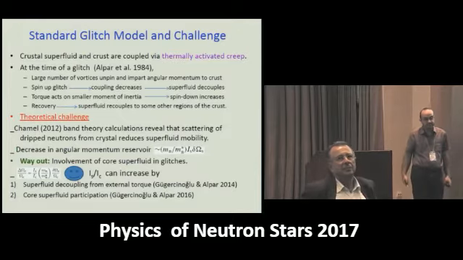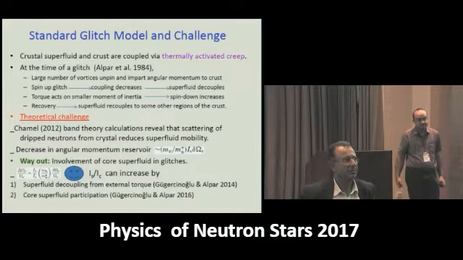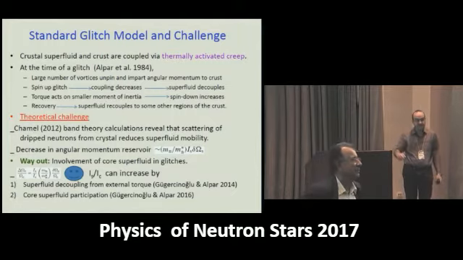So what will change in your model if you leave this assumption that the band effects reduce the moment of inertia in the reservoir? Well, the entrainment effect does not affect my relaxation time scale.